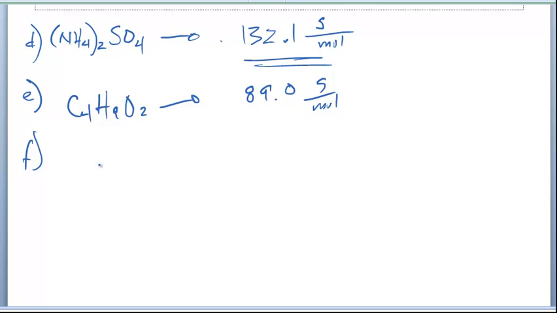F. Molecular bromine. So that's the diatomic form. Bromine, 79.9 grams per mole. That's for 1 atom. And since you have 2 atoms, then that would be twice that, which is 159.8 grams per mole.